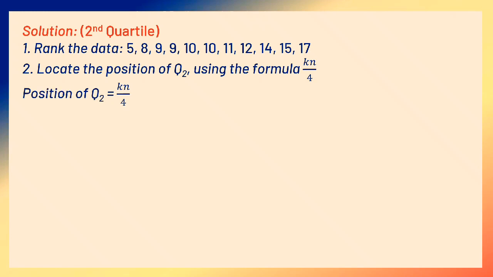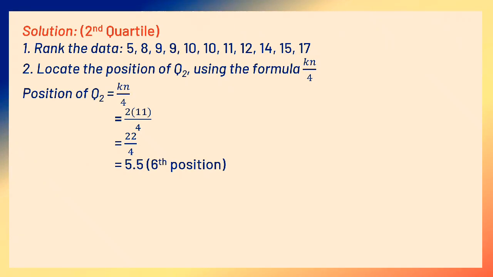So we have 2 times 11 all over 4. The reason why we use 2 here is because the quartile that we are looking for is quartile 2. So multiplying 2 times 11 is equal to 22 divided by 4, that is equal to 5.5.